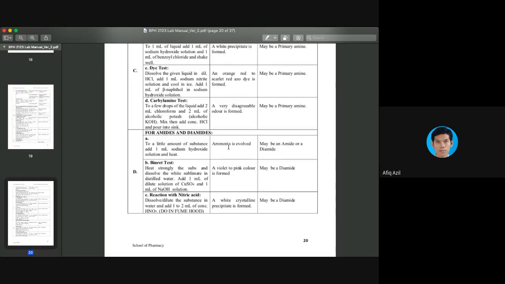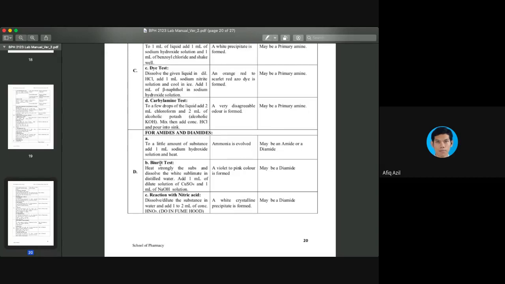So the observation is more on the gas that is being evolved. Ammonia is in gas form, so you are not trying to check for precipitation or color changes. It's just the gas being released.